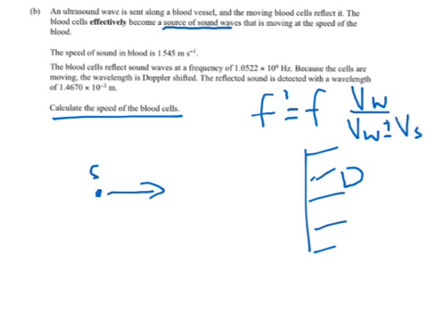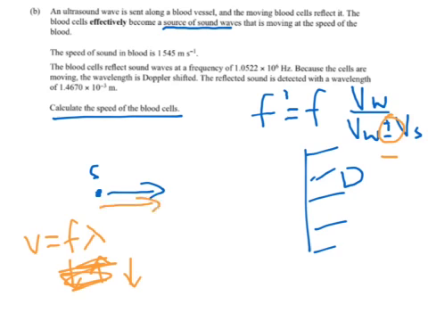Now since it's moving towards the detector, it's going to be a minus. That's because you're decreasing the wavelength, so you must increase the frequency to keep the velocity the same, from V equals F lambda. The wavelength is decreasing as they compress, as it moves closer. That means the frequency has to increase.